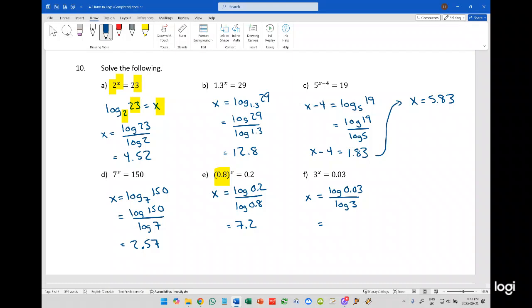So 0.03 log divided by 3 log equals negative 3.19. All right, I think we did it.